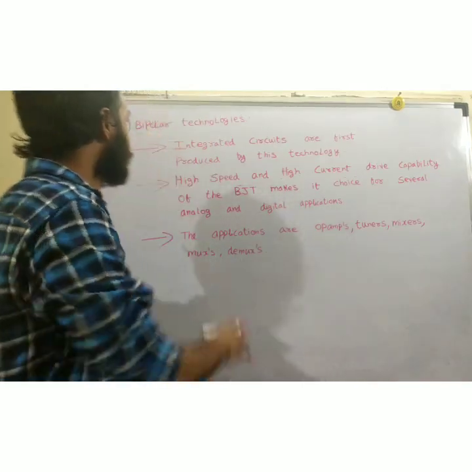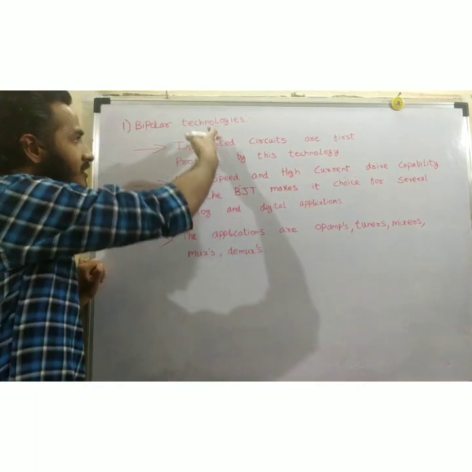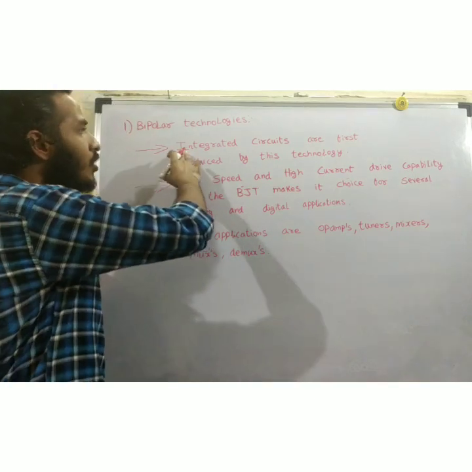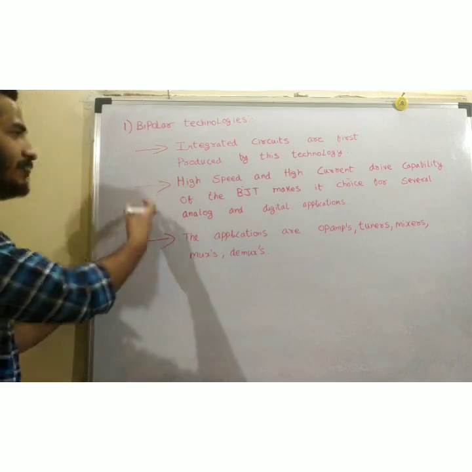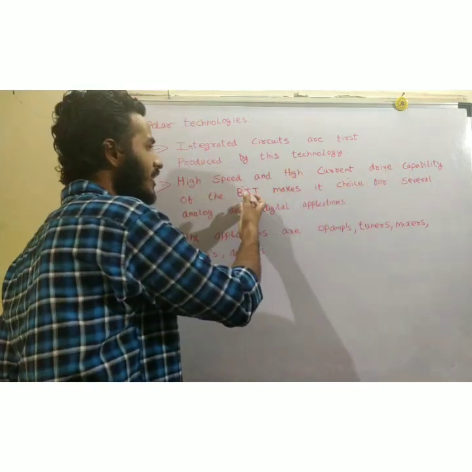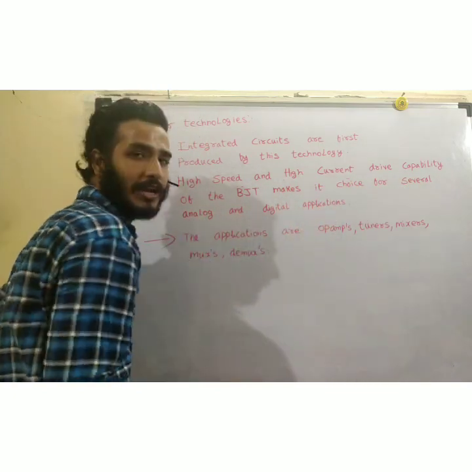Now we will see the first one, bipolar technology. As the name suggests, bipolar uses an active element BJT. It was the first technology, so integrated circuits were first produced by this technology. Second point is high speed and high current drive capability of the BJT makes it a choice for several analog and digital applications.